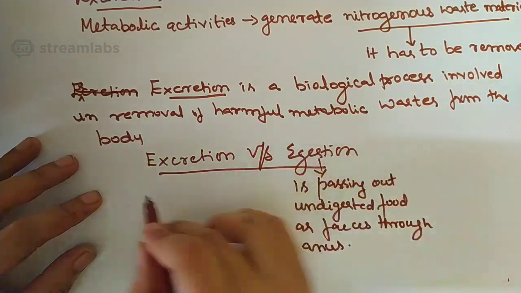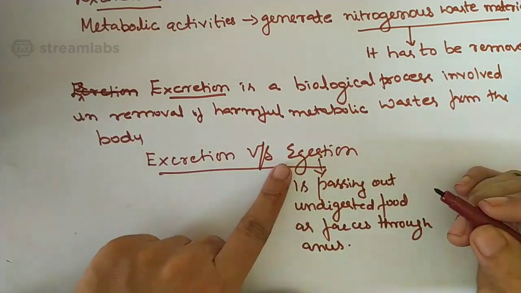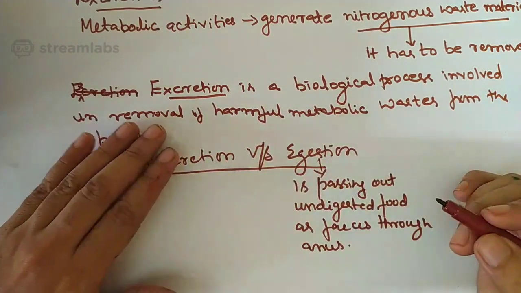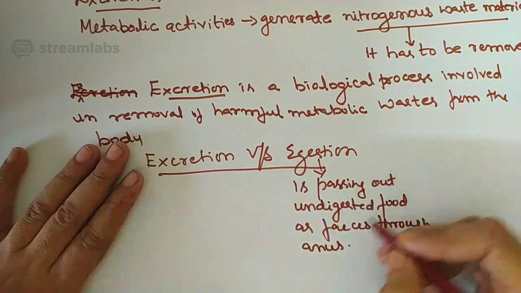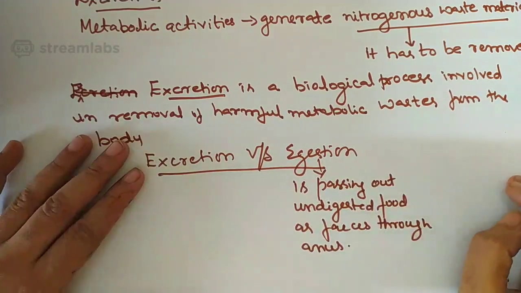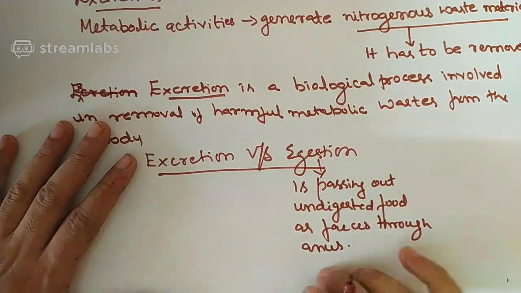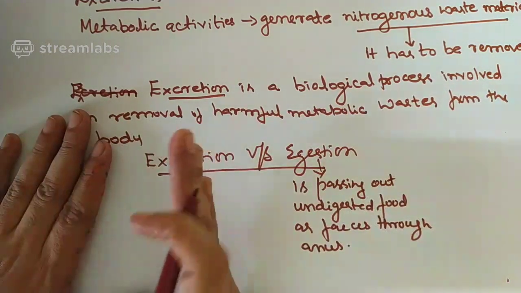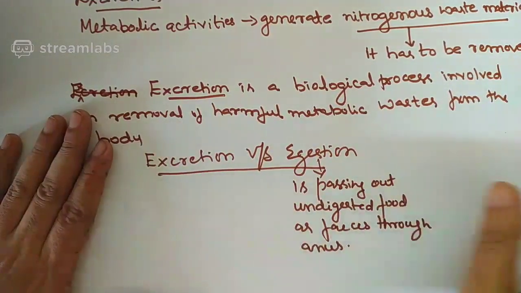Okay, so that is the main difference between excretion and egestion. Excretion and egestion are not the same. Excretion is removal of harmful metabolic waste from the body. Egestion is passing out the undigested food as feces from the anus. That is the main difference between excretion and egestion. Excretion and egestion are not the same.